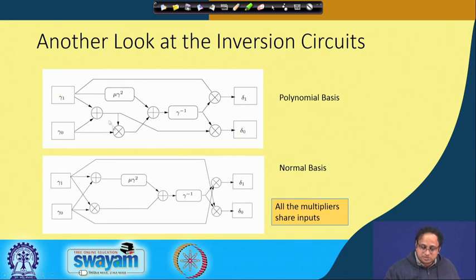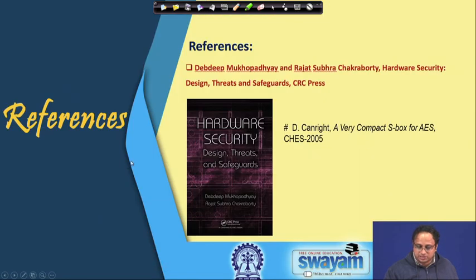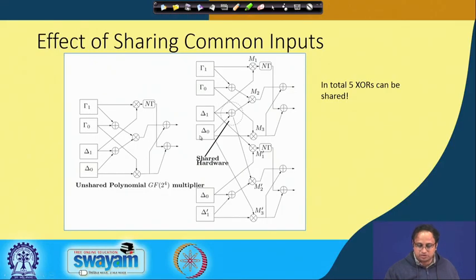Whereas in this case, you can share, but not in one case. So straight away there is an advantage of 5 XORs in this computation. So it turns out that the normal basis representation at the top level is probably a good way to get a compact implementation. So all the hard maths pays in terms of gates.